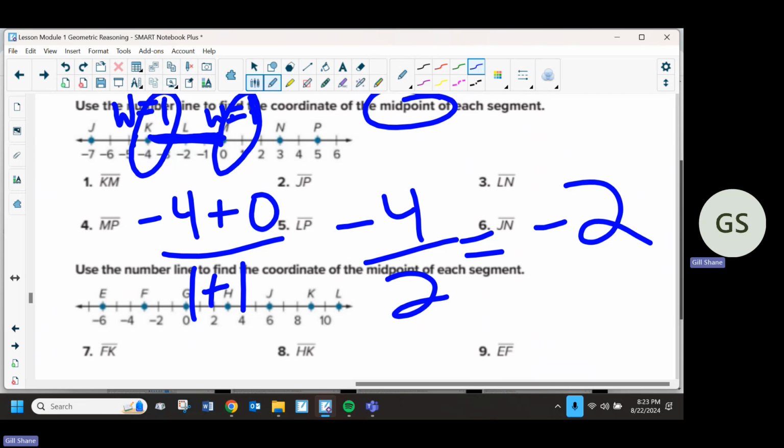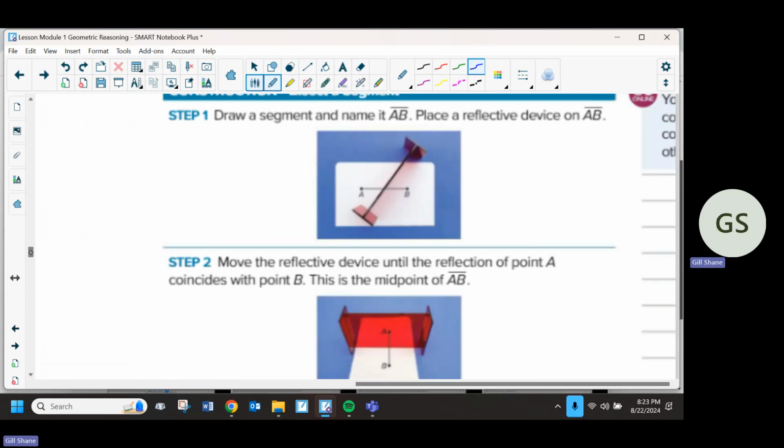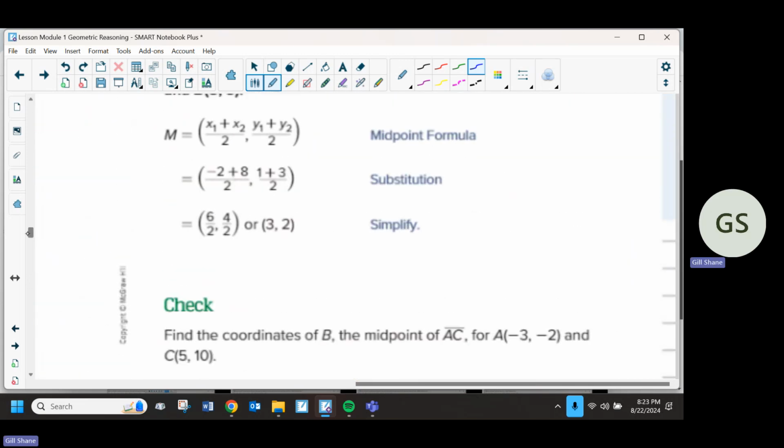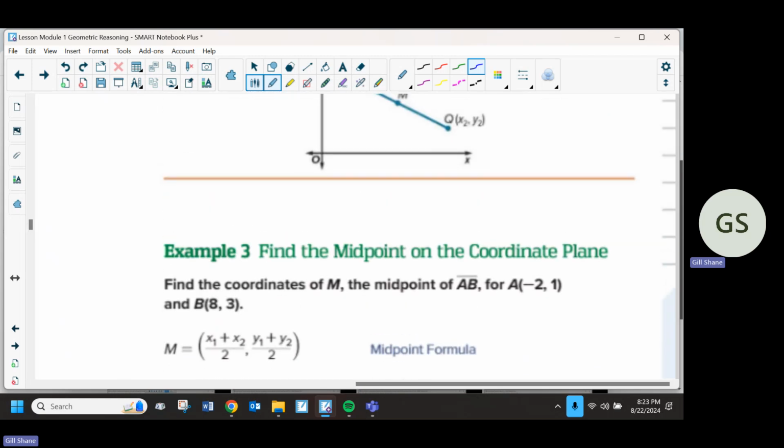And there's multiple ways to do that. I'm going to just do it with weights in this. If you want to use the midpoint formula that's in the book, I showed it a second ago in the beginning of this video. It gives you an X and a Y portion of the formula, but if it's not on a coordinate plane, you just use this part of the formula.